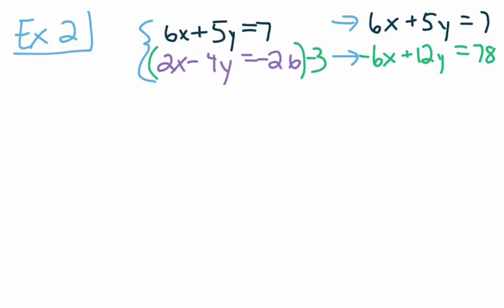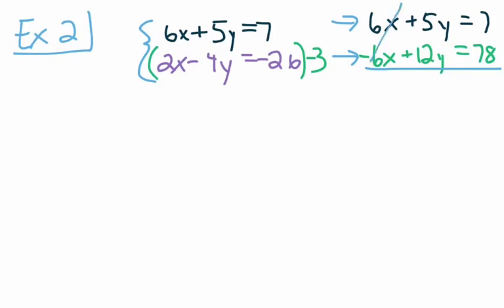So now I have my opposite coefficients that I was looking for, positive 6 and -6. So I'm going to go ahead and add these equations together. So when I do that, 6x minus 6x, those are going to cancel.